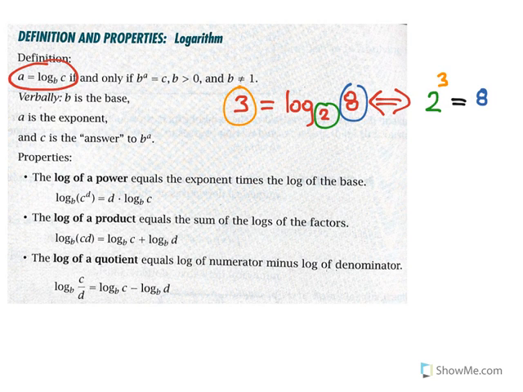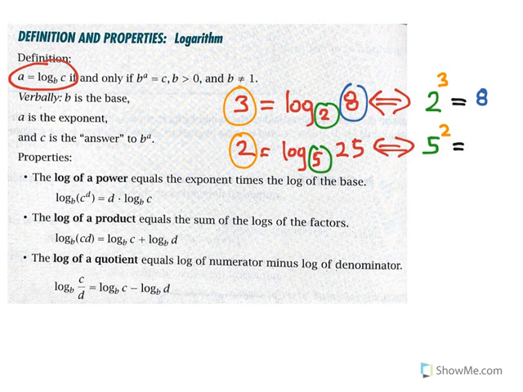So for example, let's say you have log base 5 of 25, that would be equal to 2. Because when you take the base 5 and you raise it to the second power, you get 25. Let's take a look at another example.